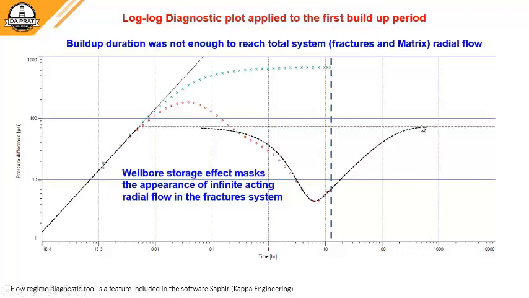You don't stop production, or maybe you can ask for 20 hours or 30 hours. So if you go further than this, you need to be aware that it may take, like this case here, over 600 hours just to get the total system radial flow.